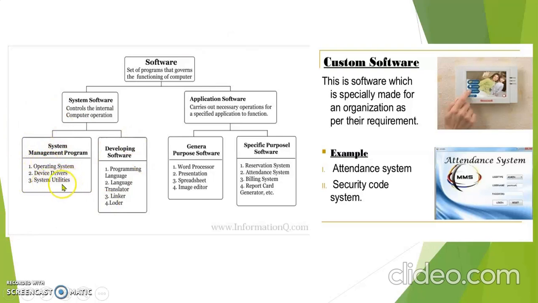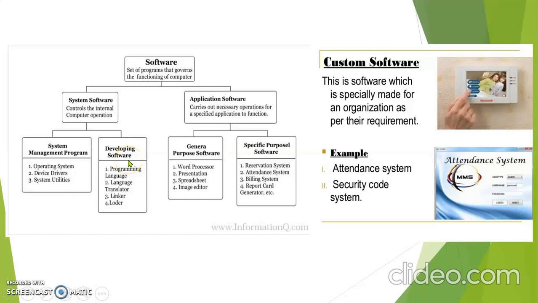System utilities are very important softwares like antivirus, disk defragment and all. These are very important. So this is also called system programs. In one line, we understand that system software are very important software. Without it, our device can't start.